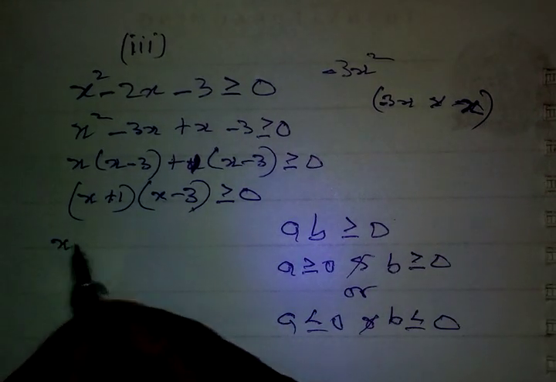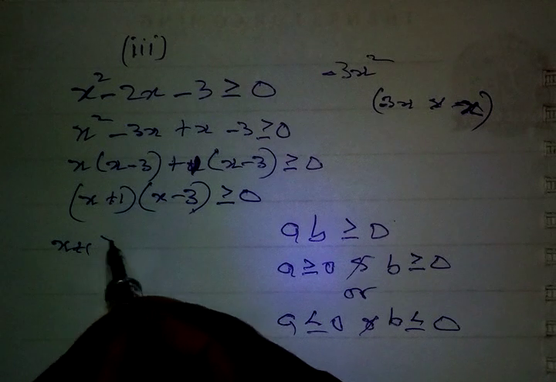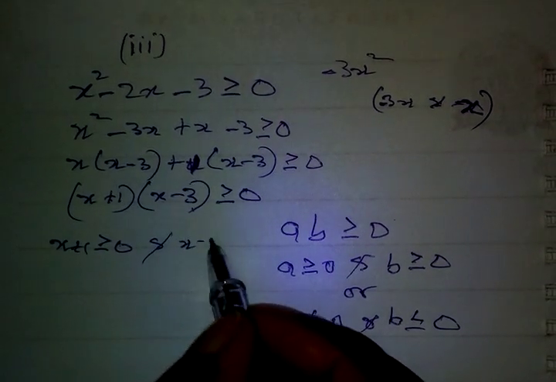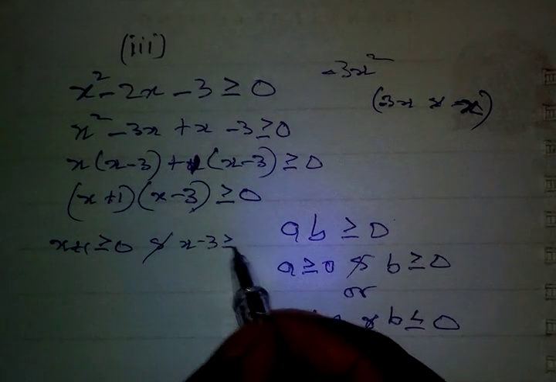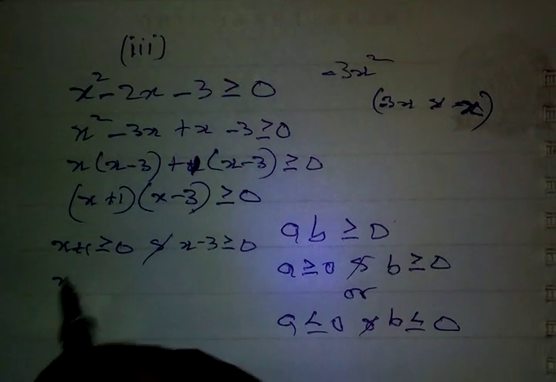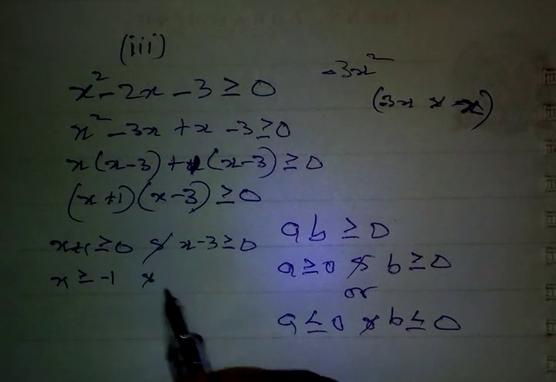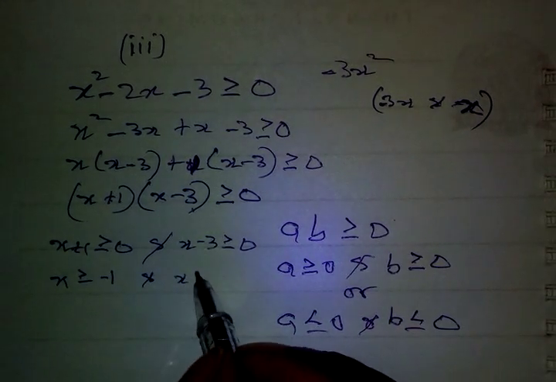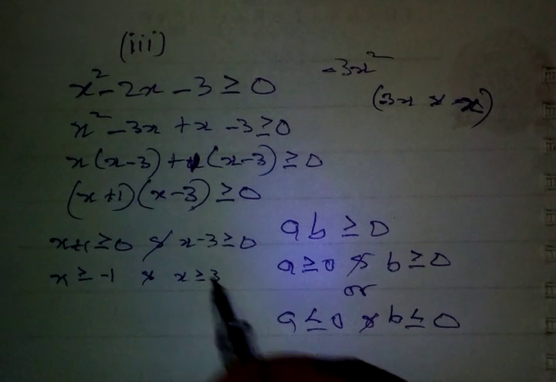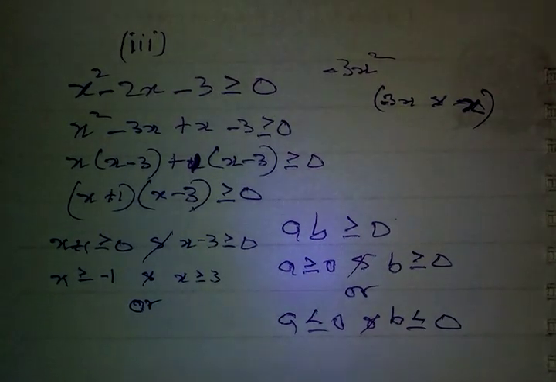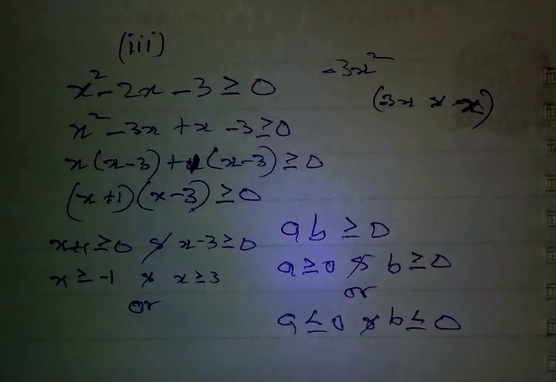Okay, so in this case, this will serve as my a and this will serve as my b. So we'll be having x plus 1 is greater or equal to 0 and x minus 3 is greater or equal to 0. So in this case, we're having x is greater or equal to negative 1 and x is greater or equal to 3, or we do the other way, less than.